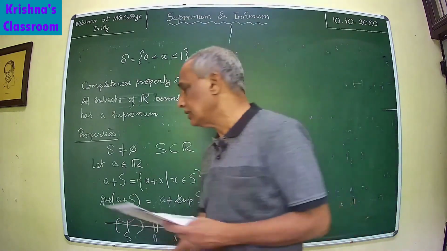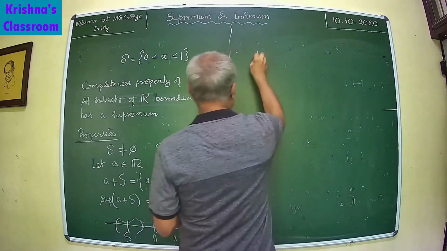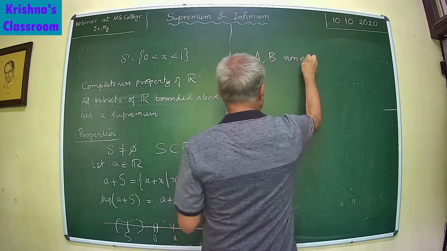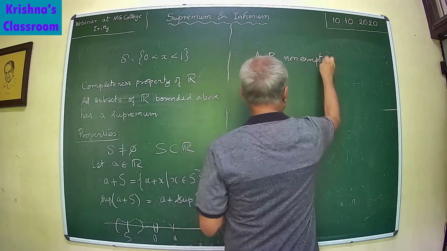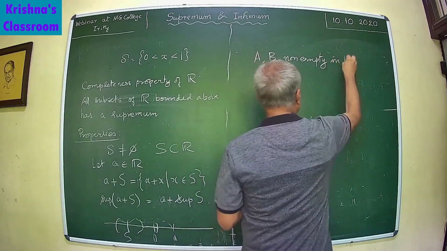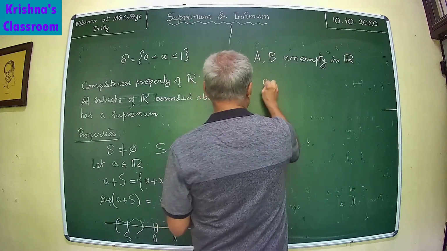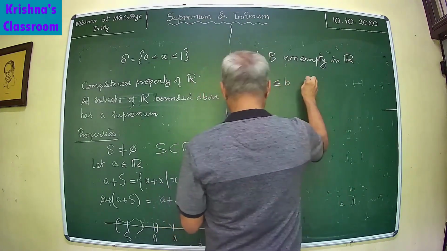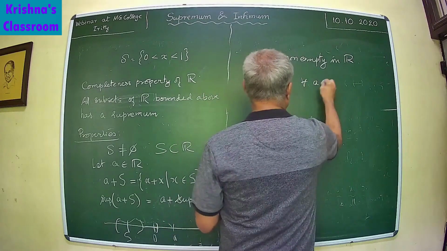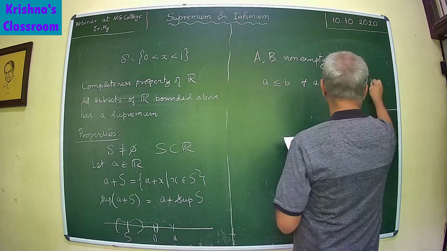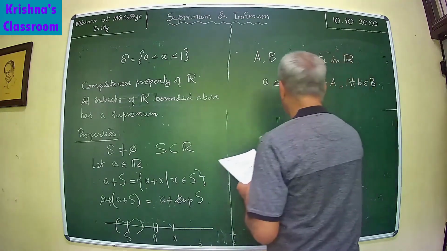So let us take two non-empty sets in R, A and B. Suppose A is less than or equal to B. What does it mean?